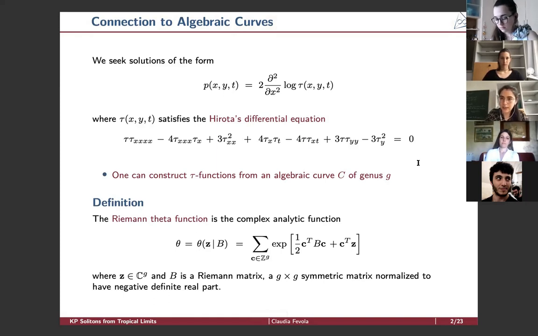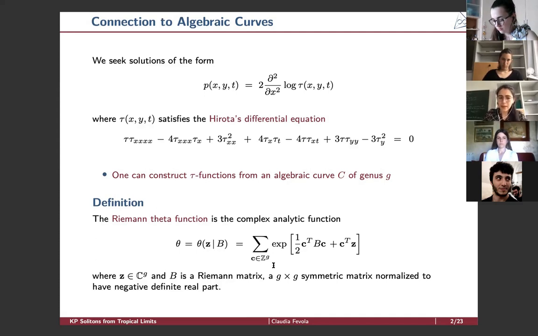The first ingredient that one needs to construct such a solution is the so-called Riemann theta function. This is a complex analytic function that depends on two parameters. The parameter z is a complex g-dimensional vector, and B is a g by g matrix, which is called the Riemann matrix. It's a matrix that one can construct from the curve. It is symmetric, and we normalize it to have negative definite real part.